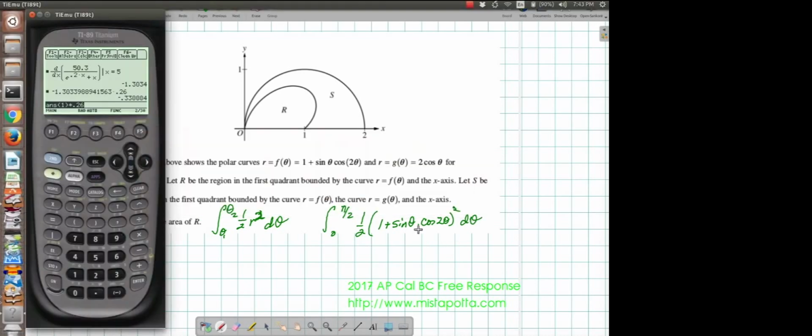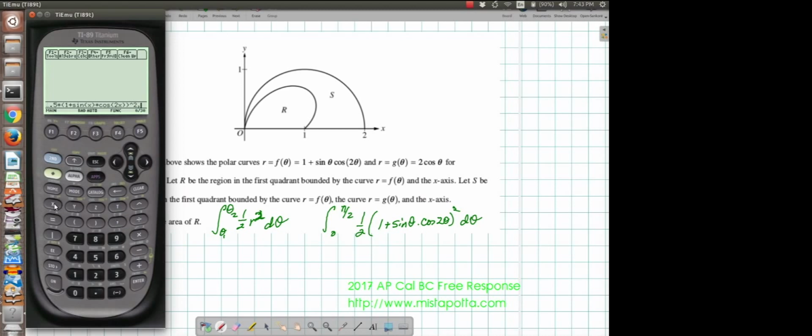So again, going back to our calculator, let's go ahead and clear this up. I want to integrate 0.5 times the expression 1 plus the sine of theta times the cosine of 2 theta, and I want to take that expression and square it.